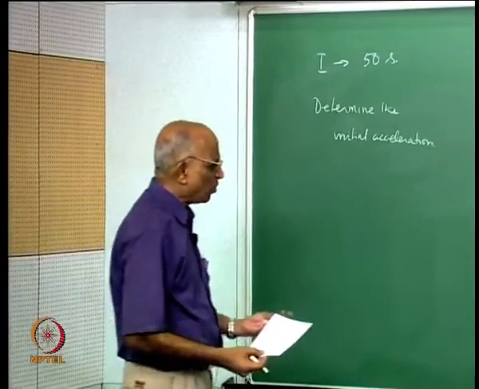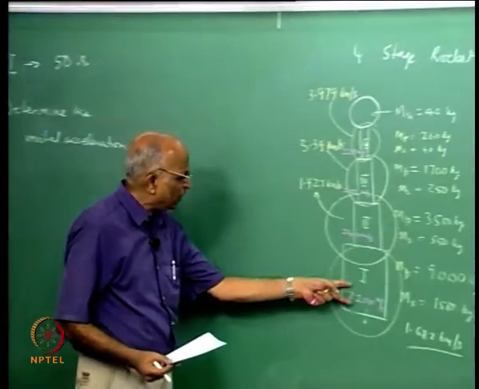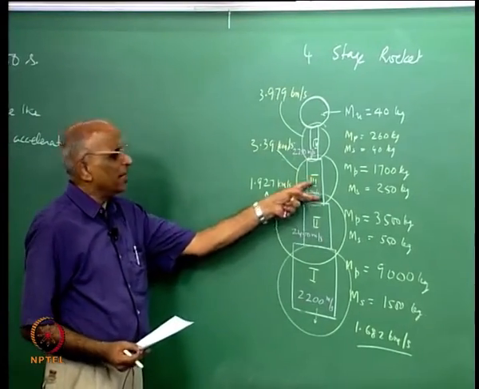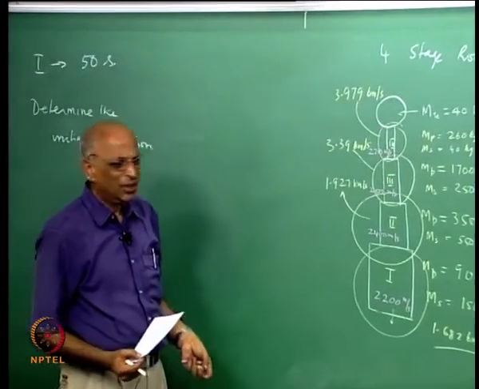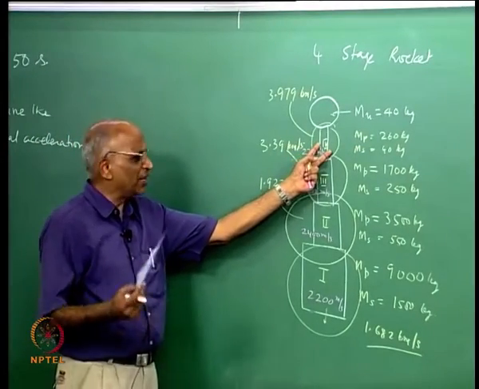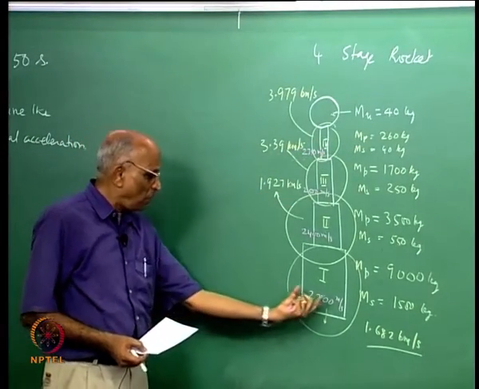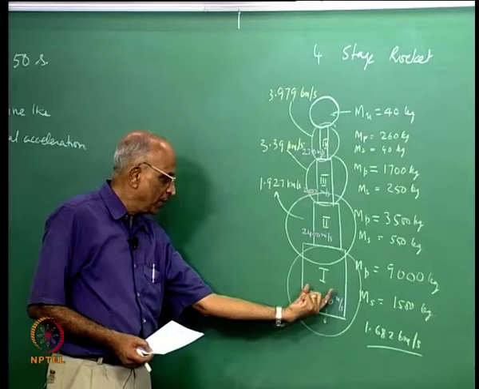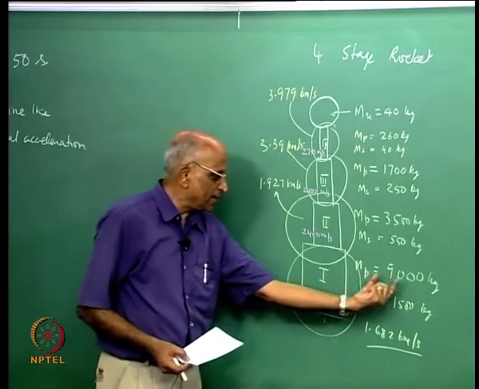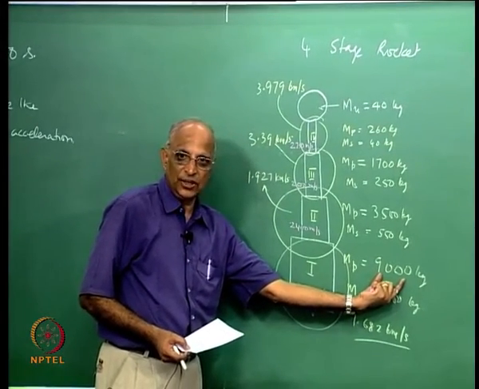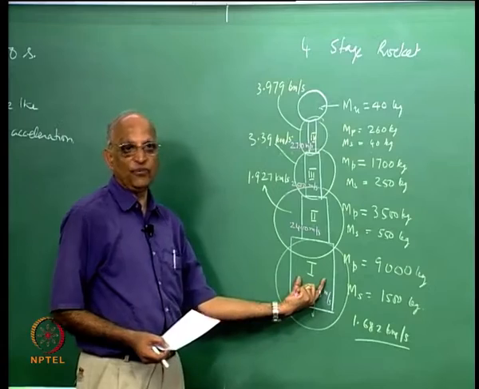Now how will I do this? Each stage operates, maybe the first stage operates for 50, the second stage for 35, maybe, and so on. Maybe the final stage operates for let us say another 80 seconds or something. But the data which is given to you is this stage which has a propellant mass of 9000 kg operates for a time of 50 seconds.